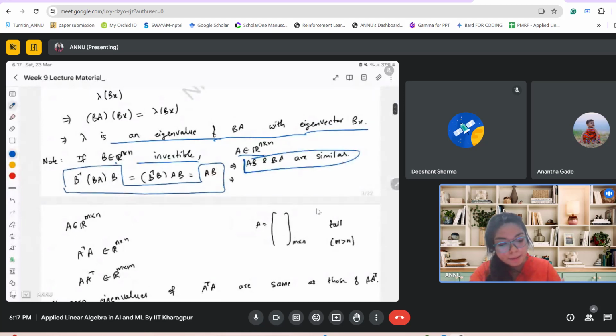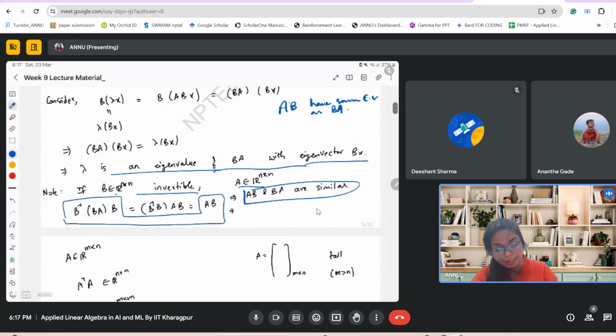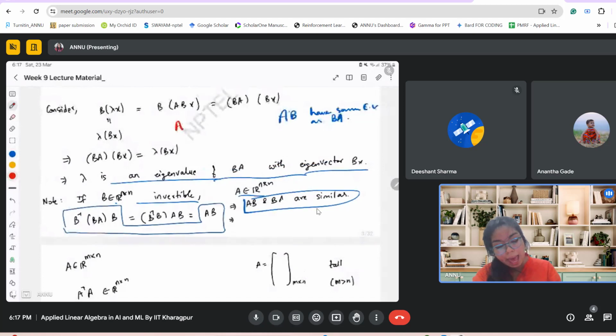For similar matrices, we also saw previously that A and B are similar if there exists an invertible matrix P such that B equals P inverse AP.